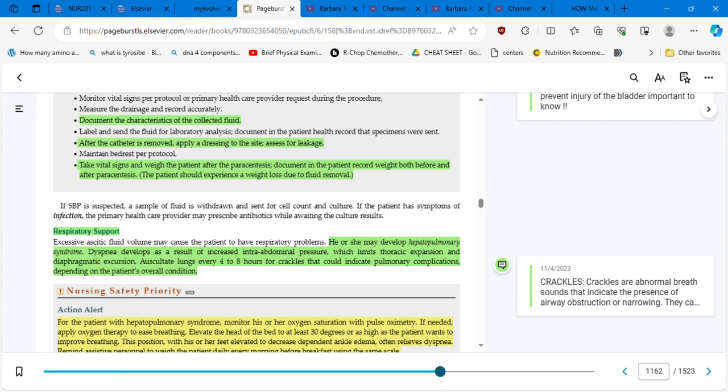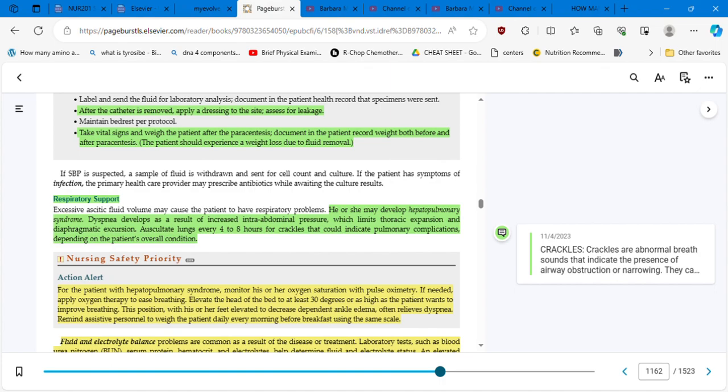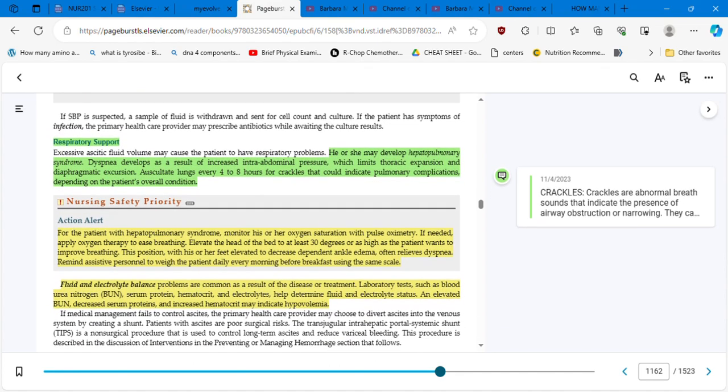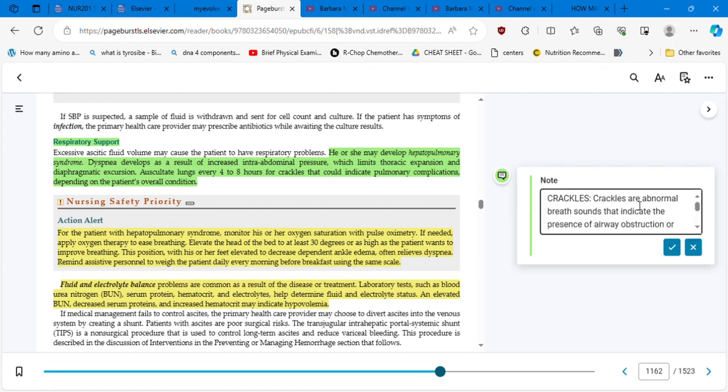Respiratory support. He or she may develop hepatopulmonary syndrome. Dyspnea develops as a result of increased intra-abdominal pressure, which limits thoracic expansion. We know that. Crackles are abnormal breath sounds that indicate the presence of airway obstruction or narrowing.